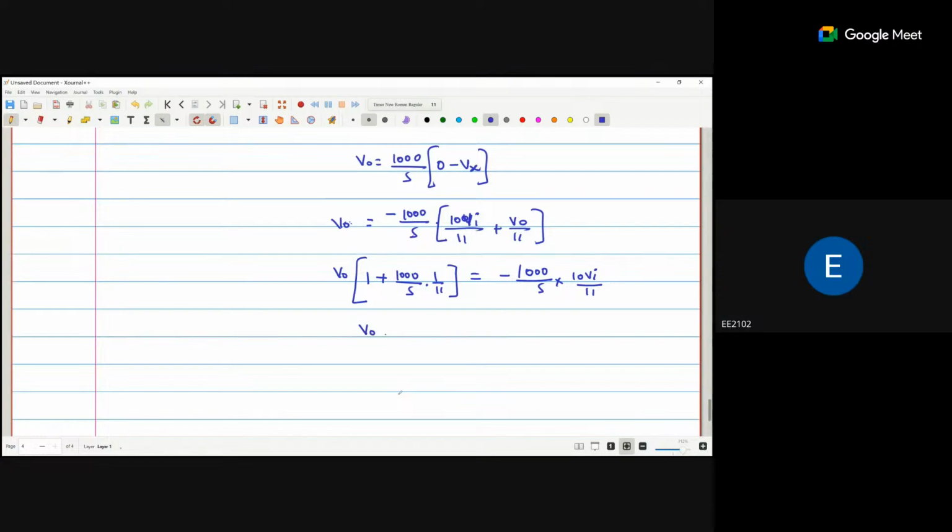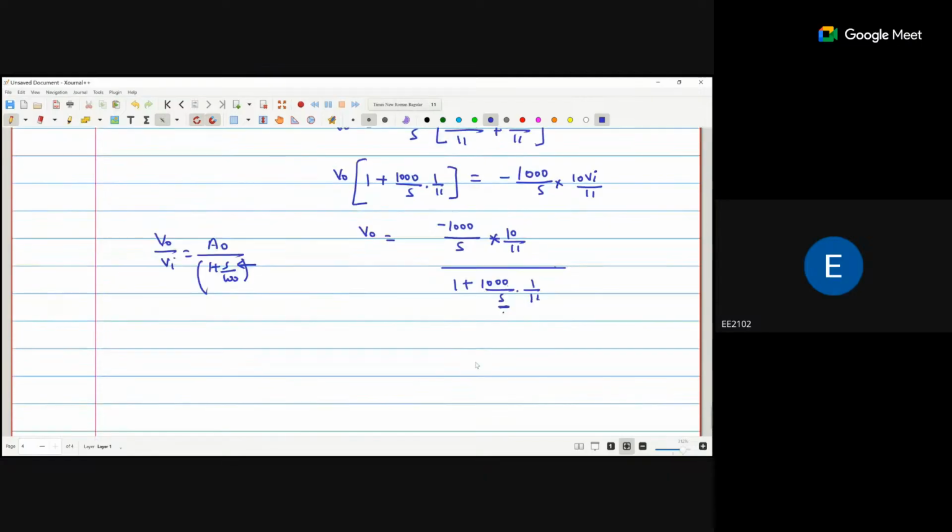So V naught is equal to minus 1000 by S into 10 by 11, divided by 1 plus 1000 by S into 1 by 11. Now if you see, V naught upon Vi is nothing but A naught upon 1 plus S upon omega naught. So there S is in the denominator only, but here S is also in the numerator part.